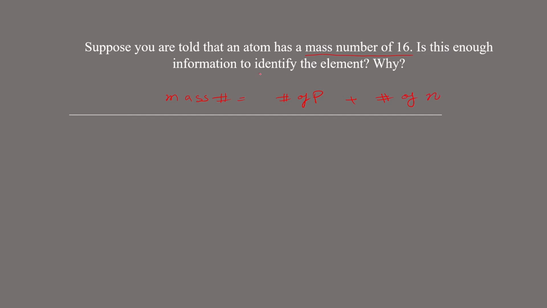And for the identity of an element, what do you need? You need the number of protons. So this number is given, but the number of protons is not given. So this is not enough information for you to identify the element.